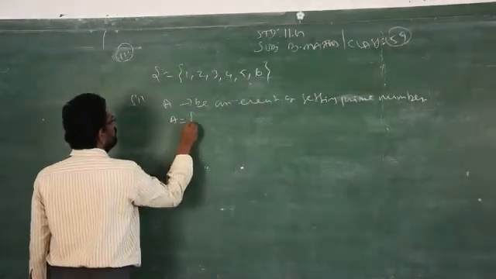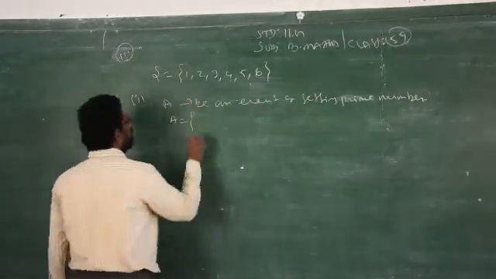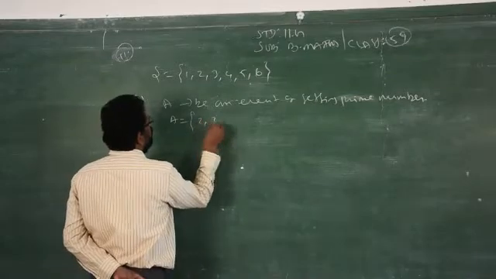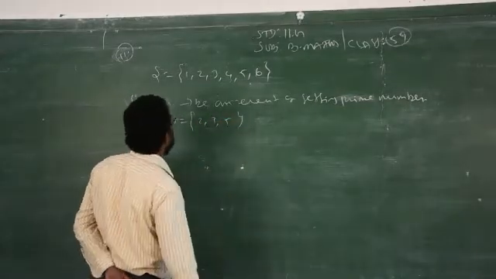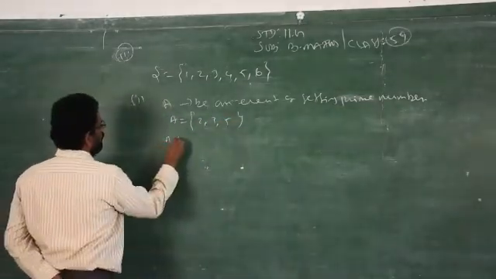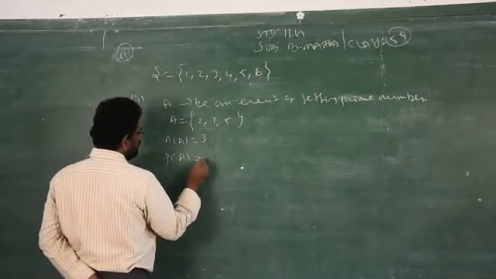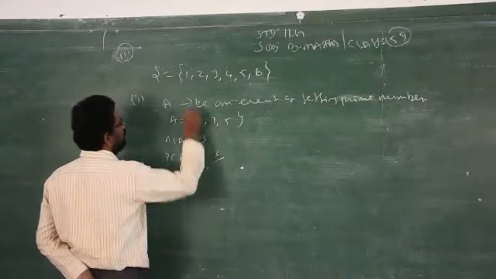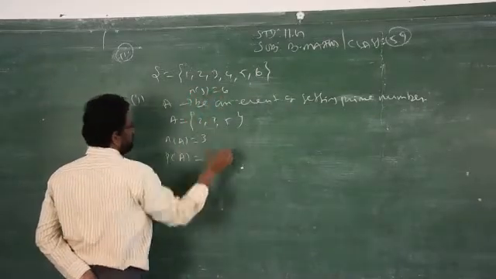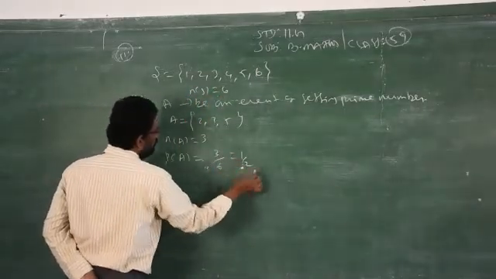A is equal to, write down the prime numbers, 2, 3, 5. So only how many prime numbers are there? So n(A) is equal to 3. So you know the probability of getting A is n(A) by n(S), which is 6. So 3 by 6, which will give you 1 by 2.